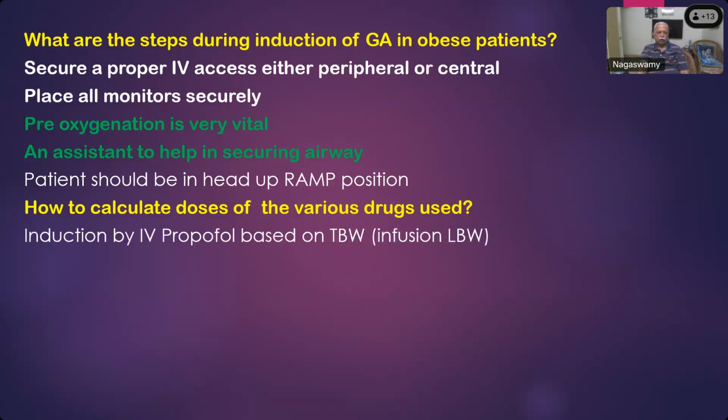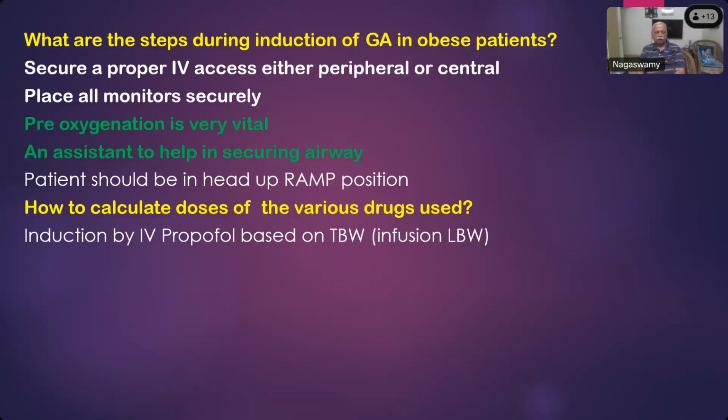If you do induction with propofol, you have to give the drug on a total body weight basis. For a single IV induction, for example, if our patient weighs 120 kg, you give 2 milligrams per kg, so 240 milligrams of propofol for IV induction.